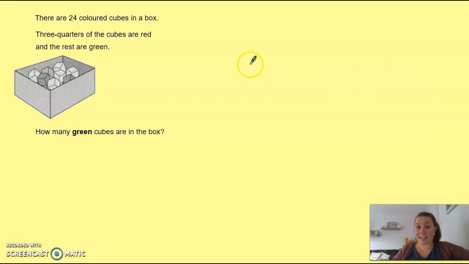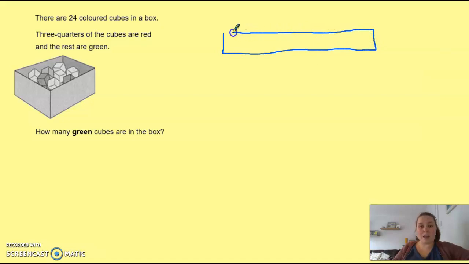So let's represent this with a bar model. So I'm going to draw, again, please excuse no rulers. I'm going to draw the whole. I know I've got 24 cubes. 3/4.